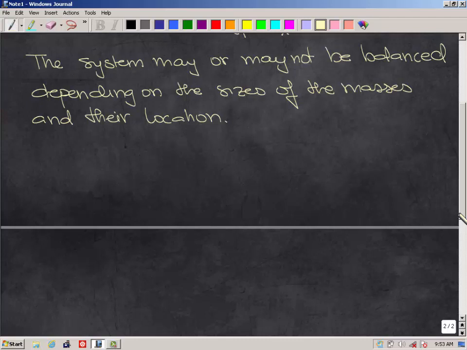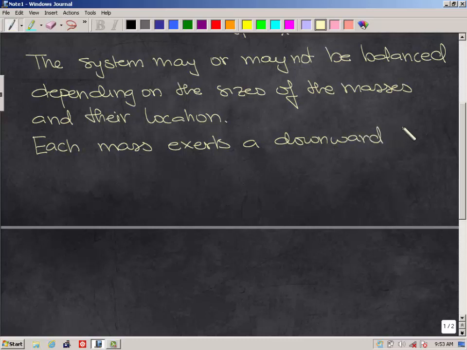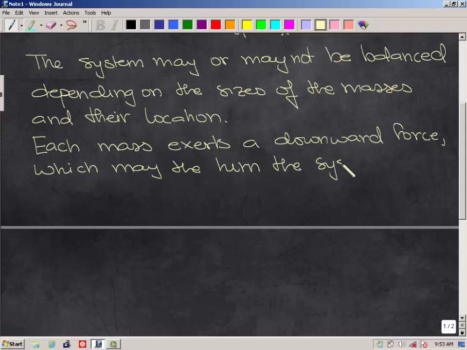What's going to happen? Each mass exerts a downward force which may turn the system about the origin. Let me write all of this down. Each mass exerts a downward force which may turn, or rotate, the system about the origin.